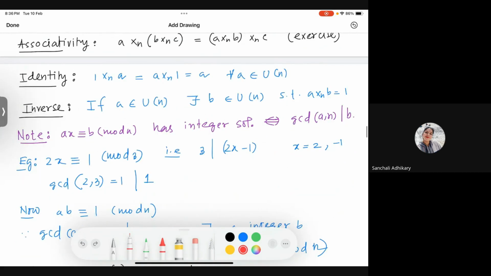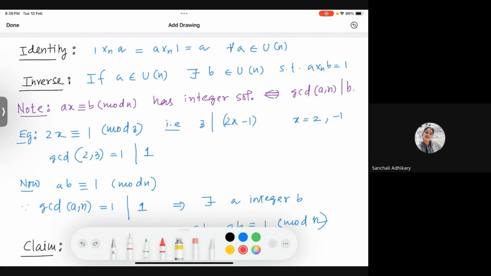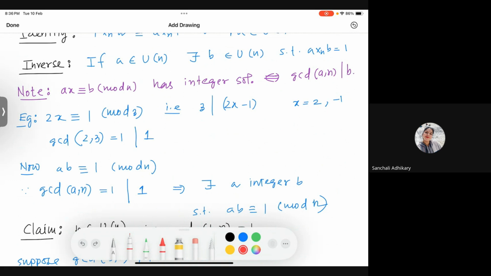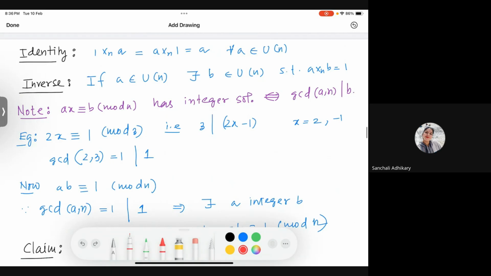Now, for inverse, I need this property. This is from number theory. The result comes from number theory. What is the result? AX congruent to B mod N has an integer solution. This is important. Integer solution. It means X belongs to Z, if and only if GCD of A, N divides B. Okay.